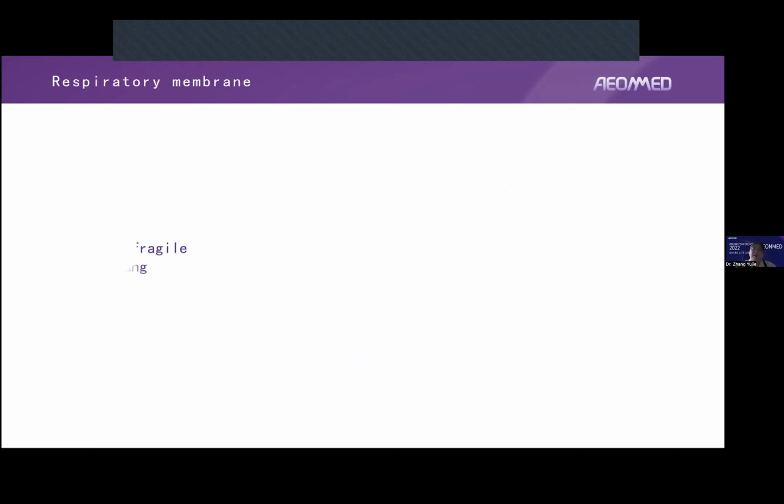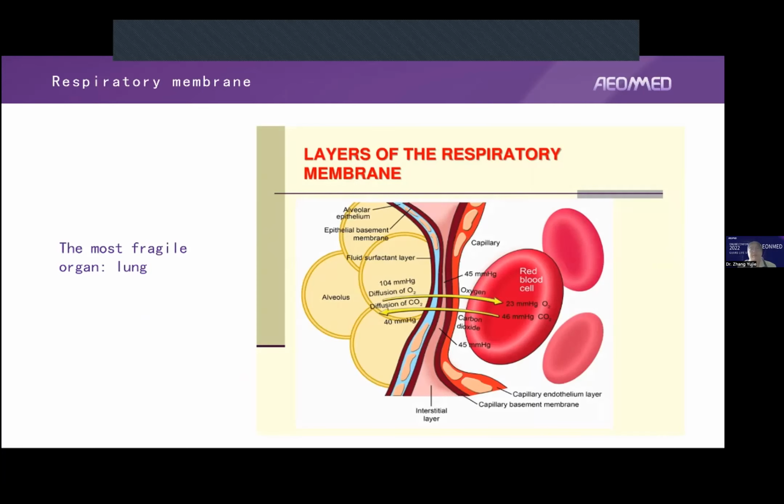I always describe the lung as the most fragile organ, because whenever any pathological change happens, the pulmonary function will be easily affected. That is mainly because the functional unit of the lung is only a very thin membrane called the respiratory membrane.